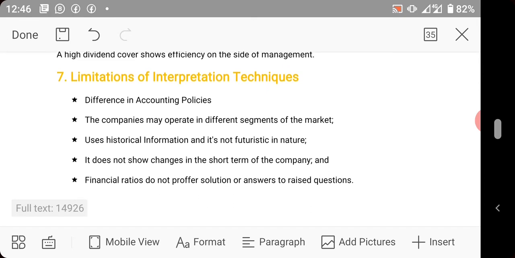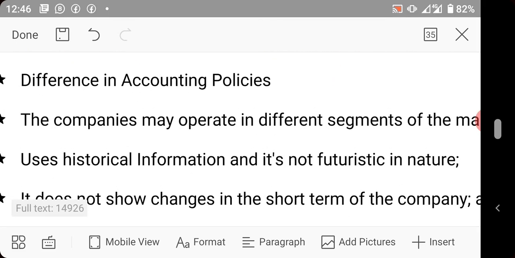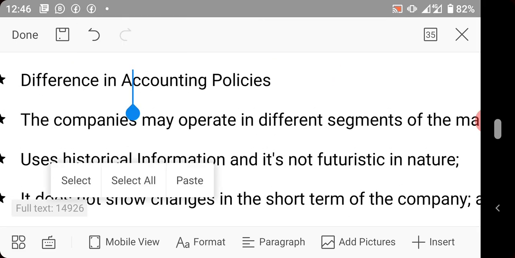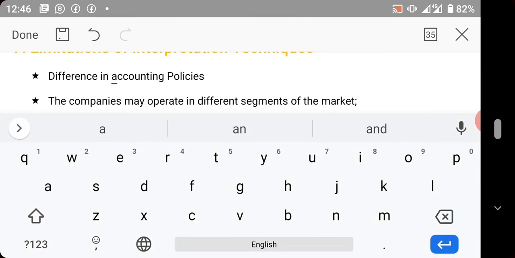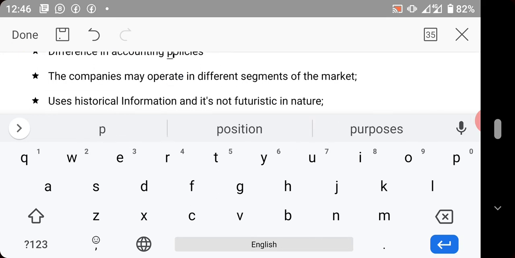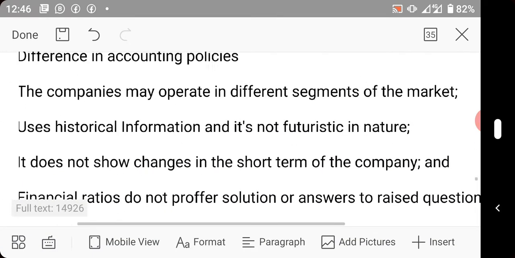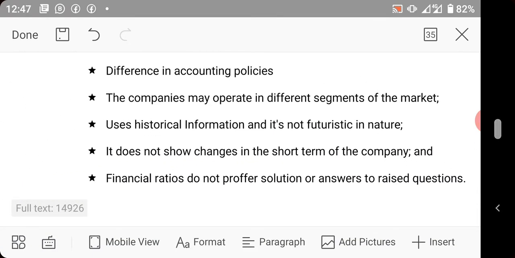One is difference in accounting policy. Another one is that companies may operate in different segments of the market. For example, if we take the airline market, we have different segments based on geographical locations.